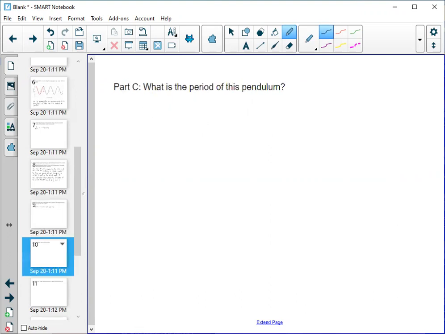Part C. What is the period of this pendulum? Well, since the period does not depend on the initial angle, it's the same as that of the first case, approximately 16.4 seconds.